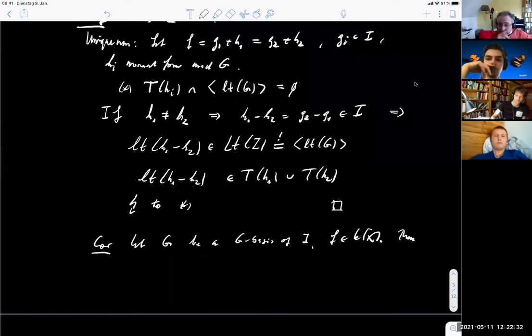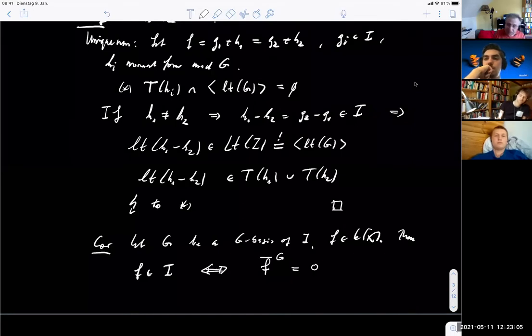Assume I want to find out whether f lies in the ideal. From the definition, it's not clear how to do this computationally, but now we can say this is the case if and only if, well, I just do the division with remainder. I divide. The remainder is well defined, if G is a set, but we just learned the order of G is irrelevant. So f is in I if and only if this remainder is 0.